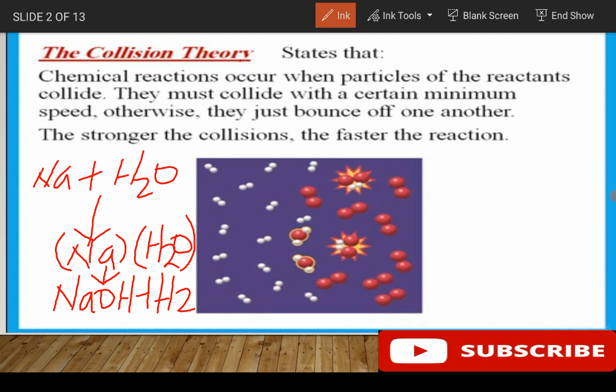So make it short, just 1 mark. You can just say chemical reactions occur when particles of the reactants collide. Full stop. Unless you want to expand, you can say collide with minimum energy, minimum energy or minimum speed.